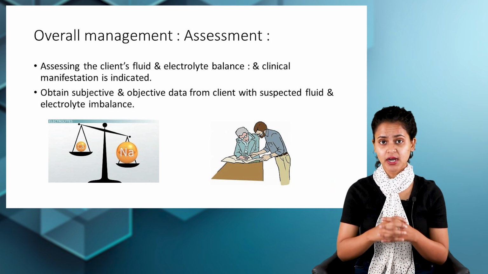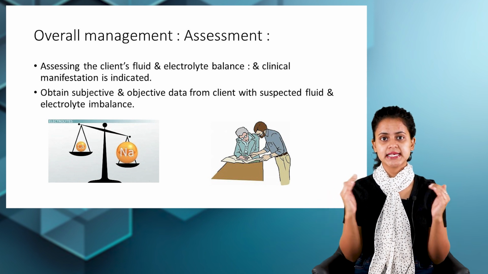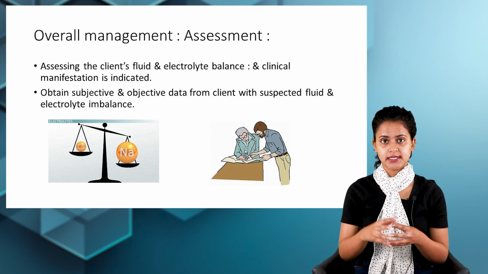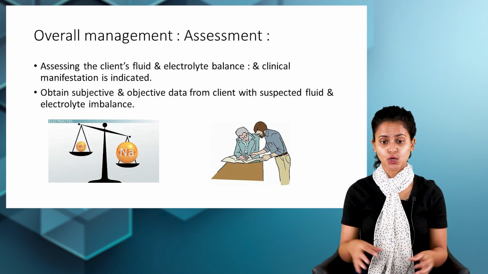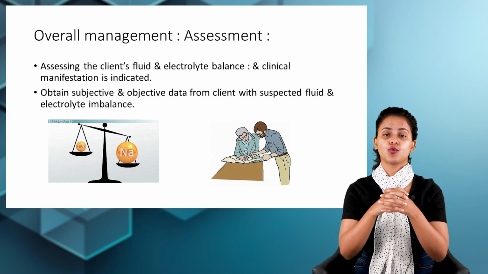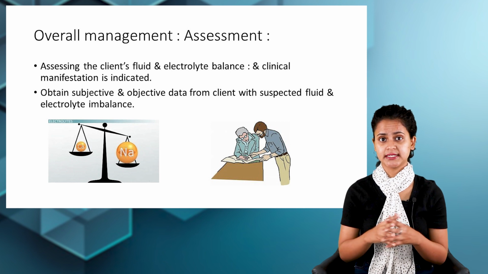Once we have noted down all the clinical manifestations, signs and symptoms for the client, next we obtain subjective and objective data from the client with a suspected fluid and electrolyte imbalance in the clinical setting.